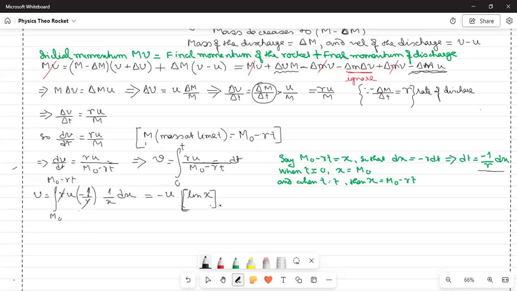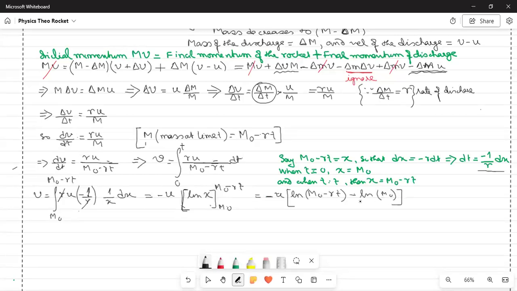And the limit is from m0 to m0 minus rt. So this is equal to minus u outside, and inside natural log of m0 minus rt minus natural log of m0.